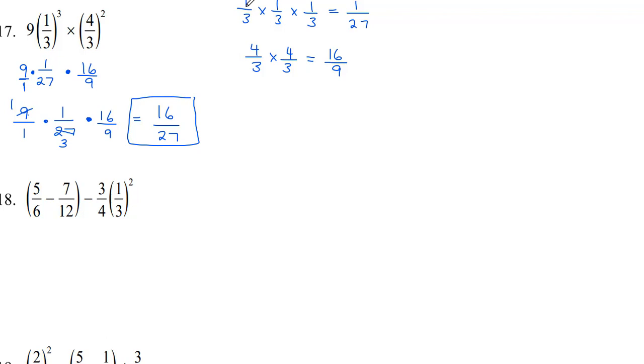For number 18, we have exponents, and then we've got all these yucky subtraction signs. Let's worry about the exponents first. We've got a third squared. Let's do that first. Oh, and we've got brackets first. Pardon me, let's do the brackets first before the exponent. So we have 5/6 minus 7/12.